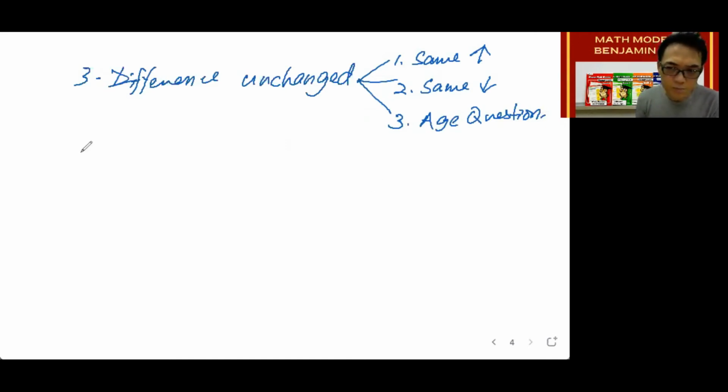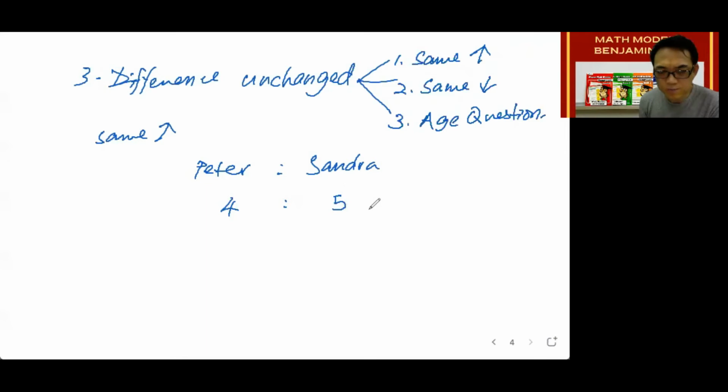The first one, same increase, will look something like this. There are two children. Let's call them Peter and Sandra. And they are brothers and sisters. And they have a ratio of a certain amount, let's say 4 is to 5. Sorry, let me change that number to make it more useful. 4 is to 7.